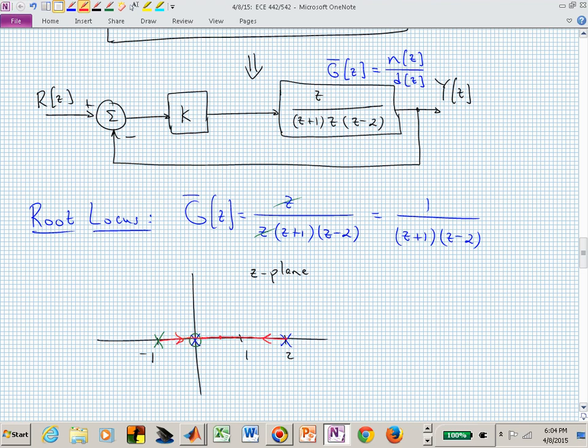They break away. Since I only have those 2 poles effectively, where are they going to meet? Halfway between those 2 poles, right? The pole and zero at the origin you can mentally erase, because they're canceling each other.